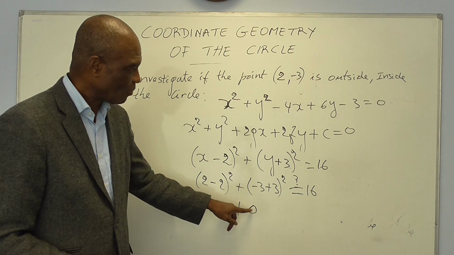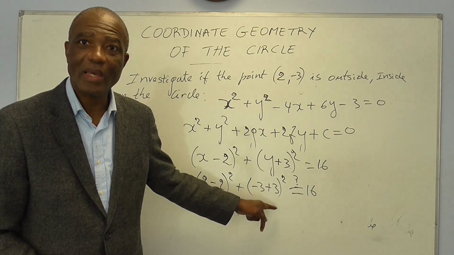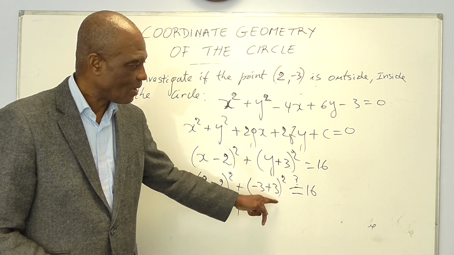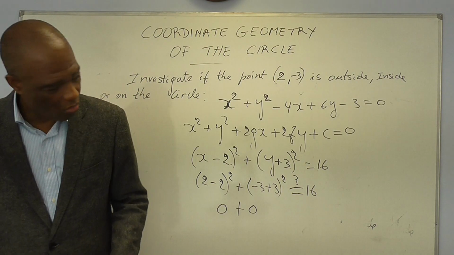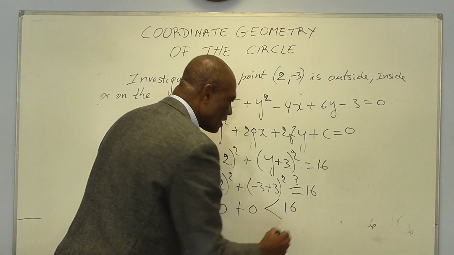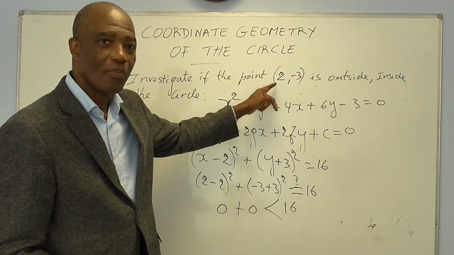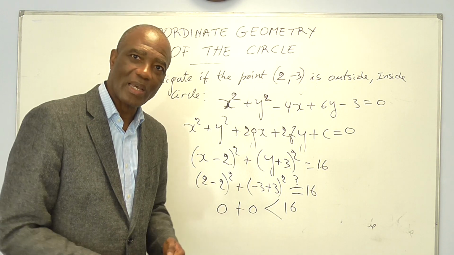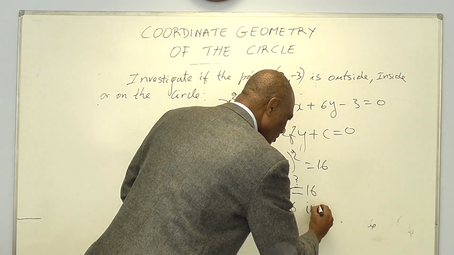We can see that 0 is less than 16. And so we conclude that the point is inside of the circle.